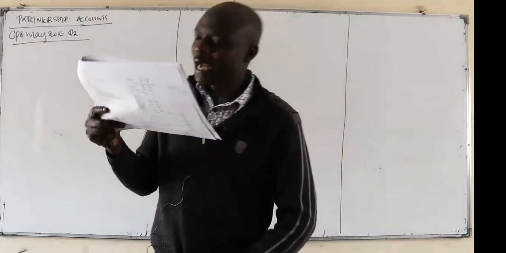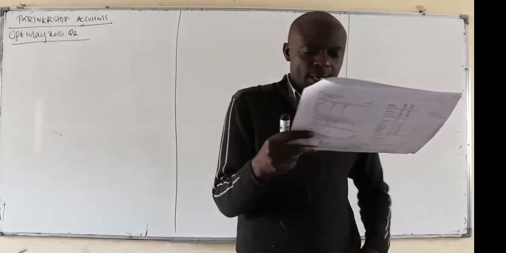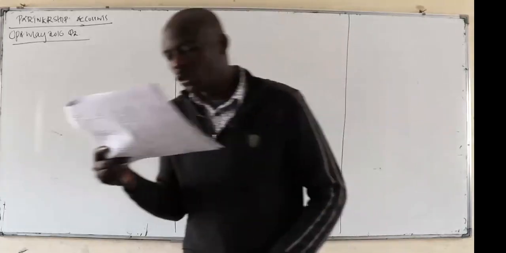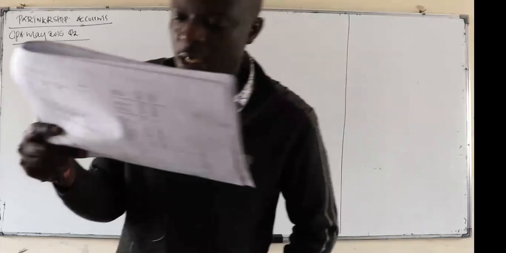Number 3, the following amounts were owing as at 30th April 2016: salaries and wages, 200,000, electricity, 90,000.